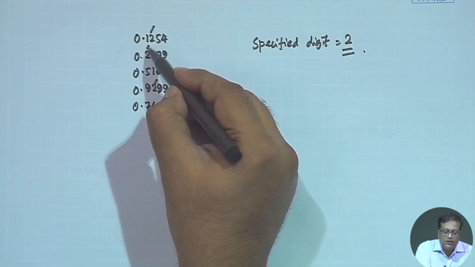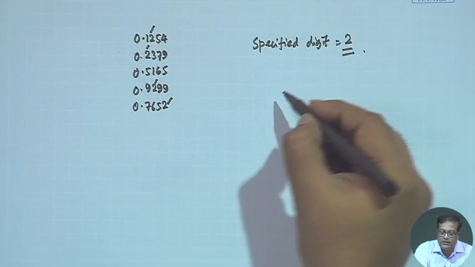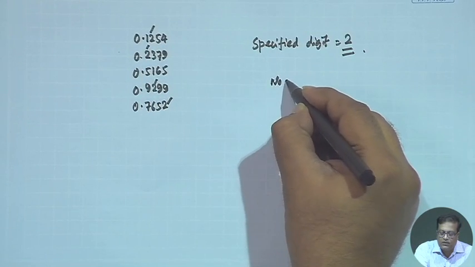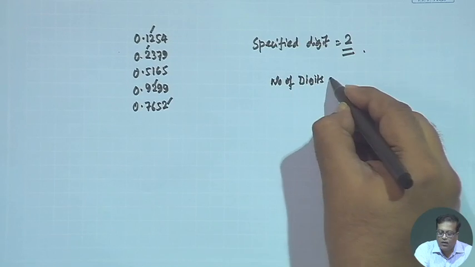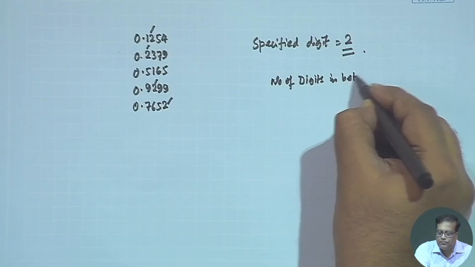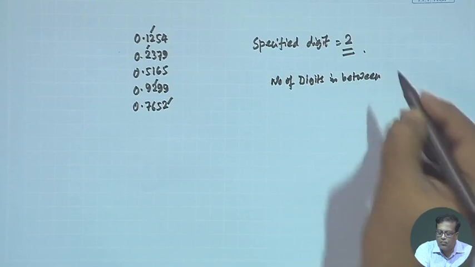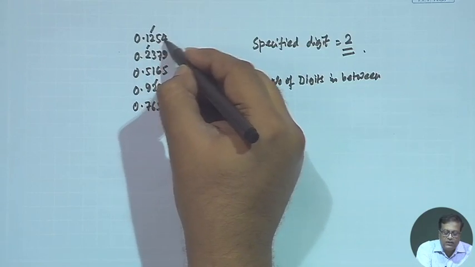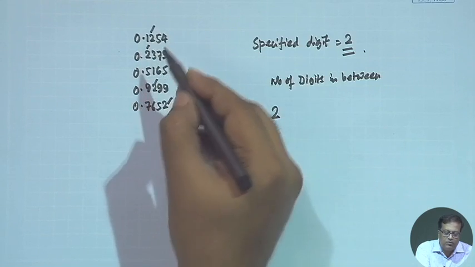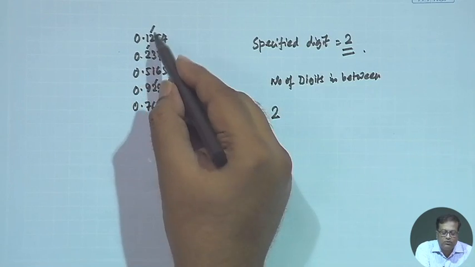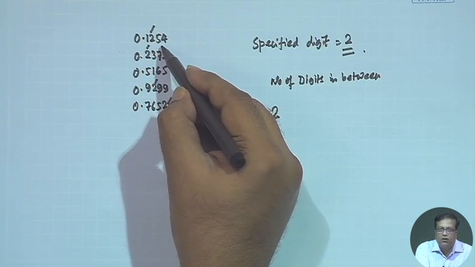So, between these two, how many digits are in between? 2 digits, 5 and 4. There is an occurrence of 2, there is another occurrence of 2, and between them two digits have occurred.